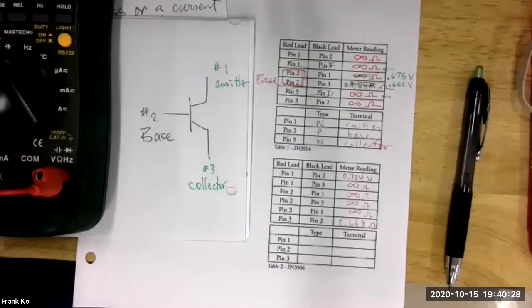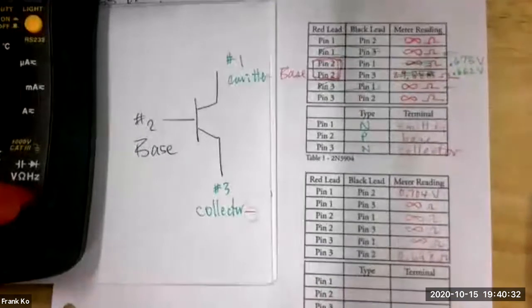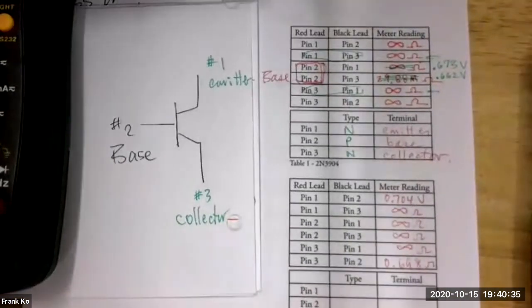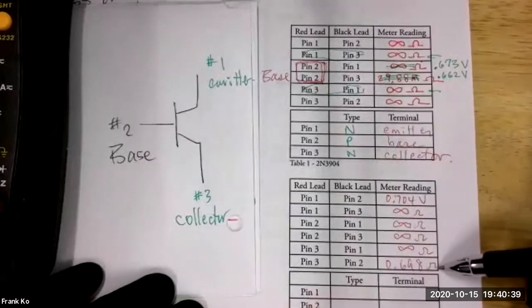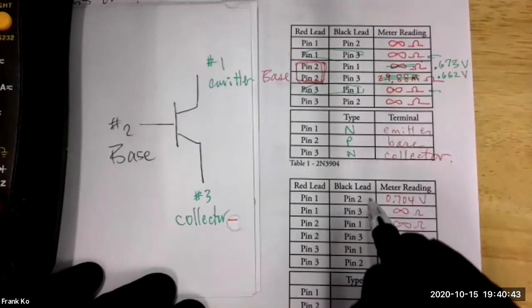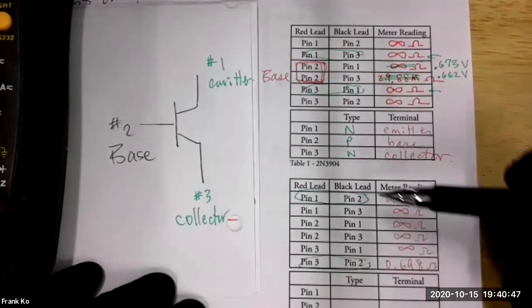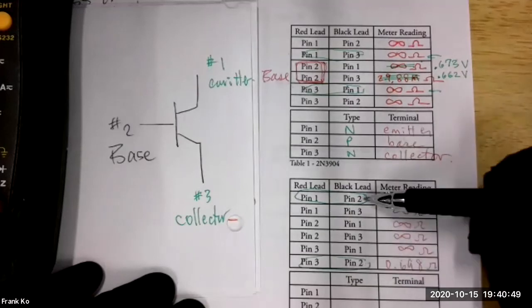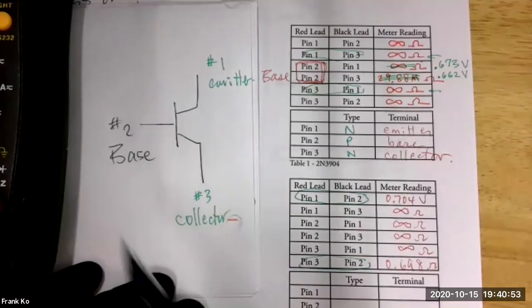If we go to do the analysis, again, we look at our data. If we look at our data closely, we said that the two rows that give us values tell us that we have forward biasing. If we look at these two rows, which pin number was common between them? Pin 2 was common, so pin 2 must be the base.